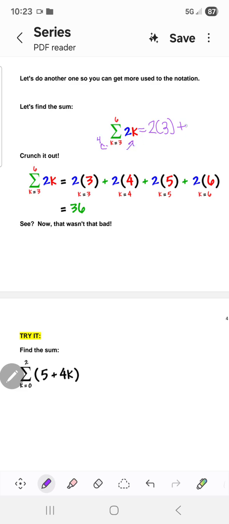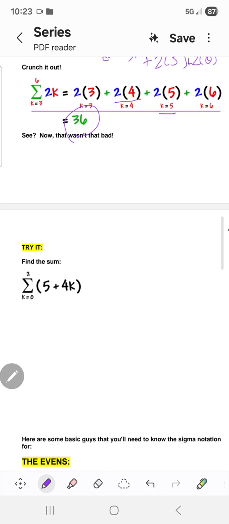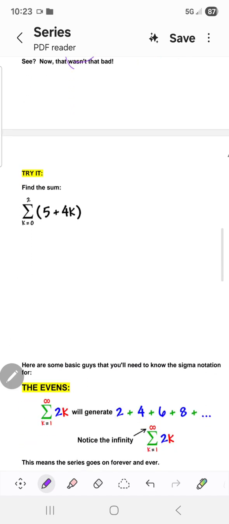Plug in 4, 2 times 4. You see it here? K is 4. Now we're going to go to 5. Plug in, K is 5. Then we're going to go up to 6, and we're going to stop at 6. Writing this out, add them all up, do the math, and we get 36. Not too bad.